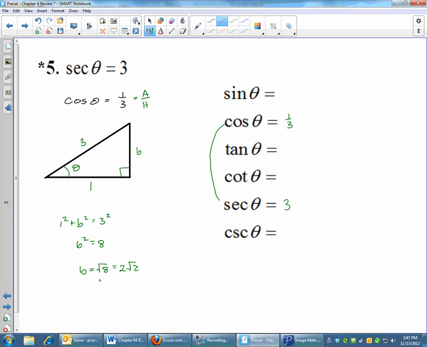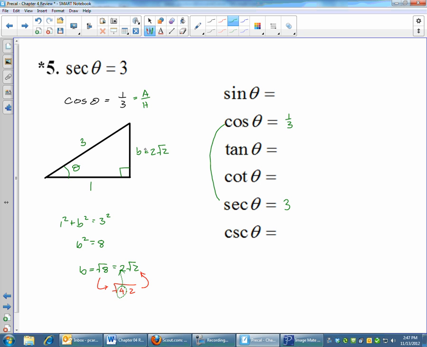If you forgot how to clean up radicals, the step I skipped there is 8 is 4 times 2, and then the square root of 4 is 2, so it came out front. Okay, so we do get b to be 2 times root 2.